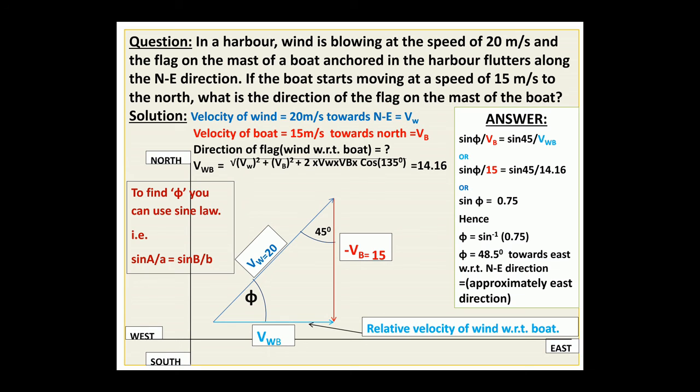So you can say it is approximately towards the east direction. So the correct answer is the flag will flutter in a direction of 48.5 degrees towards east with respect to the north.